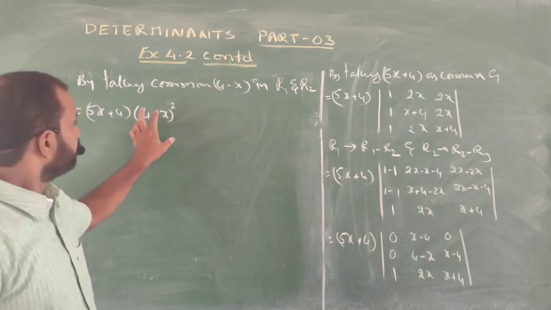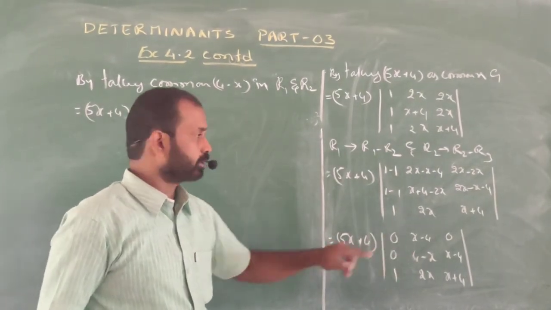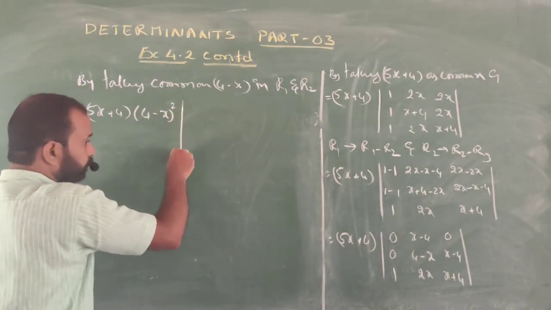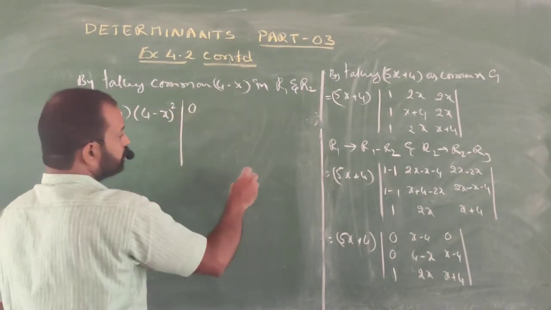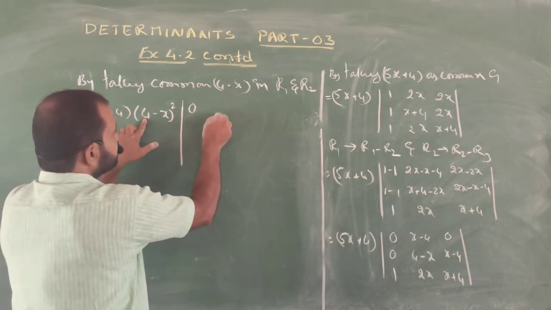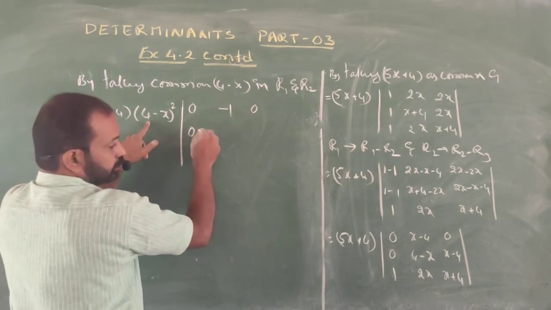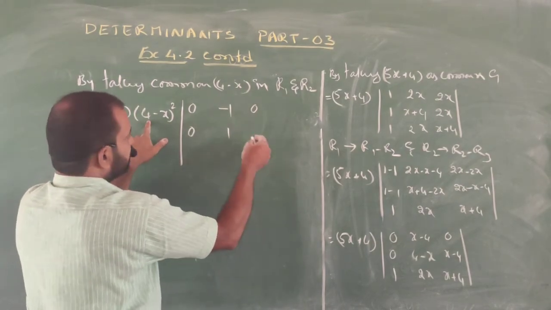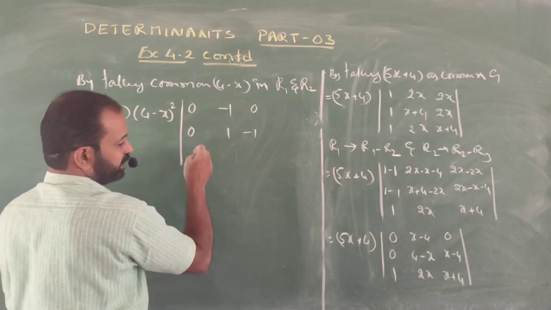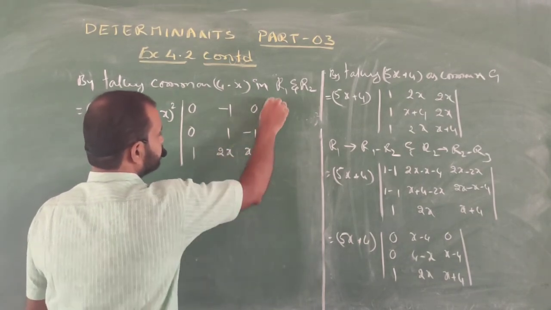One 4 minus x from R1, another 4 minus x from R2. Into that, 0, this is 4 minus x minus 4, but we have taken 4 minus x, so this is minus 1, 0; 0, 4 minus x, another one x minus 4 is there, minus 1, 1; 2x, x plus 4.